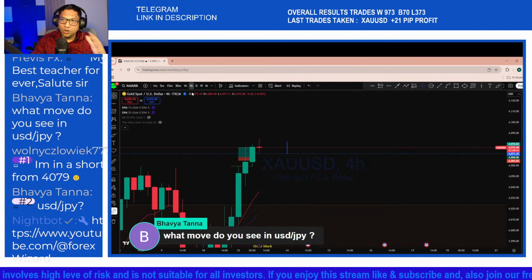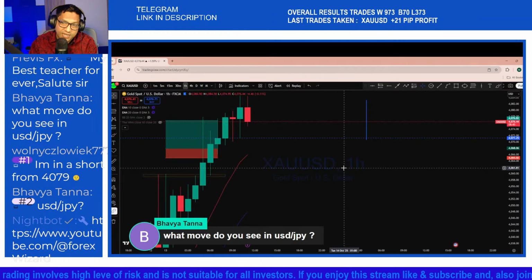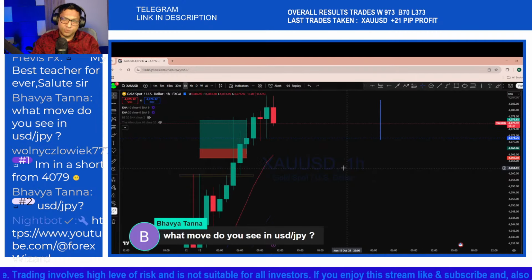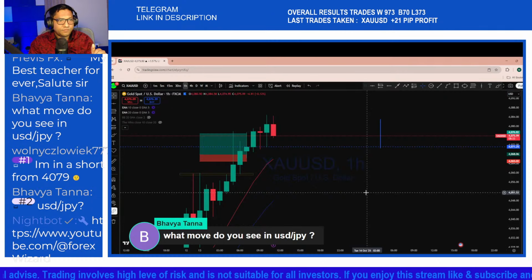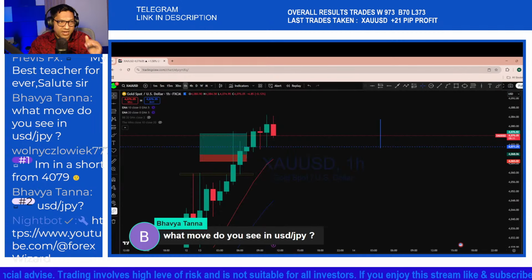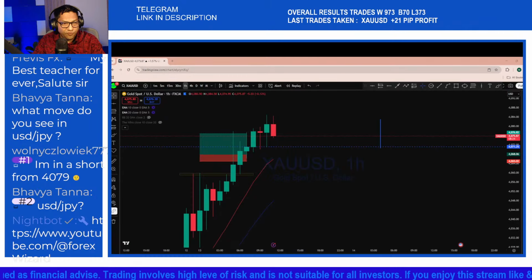Now, looking at the 1 hour chart, what we need to see here is the same kind of setup: a break of support and then showing that the market has prepared for another potential bounce in one direction. I'm in short on 4079.